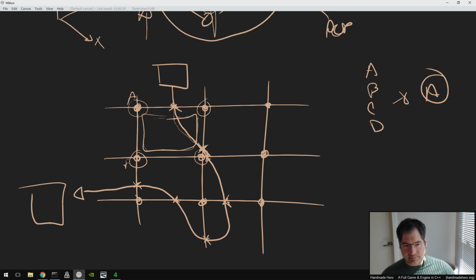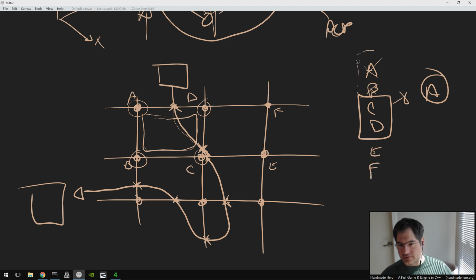If this is A, B, C, D, then C and D remain in the active set, but A and B go away, and whatever the answers here would be, E and F, that's what I'm going to use now. So I've moved from using a window that looked like this to using a window that looks like this, right? So it used to be that, it's now that.